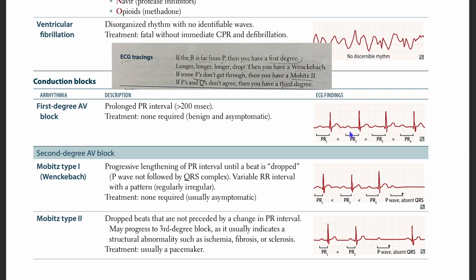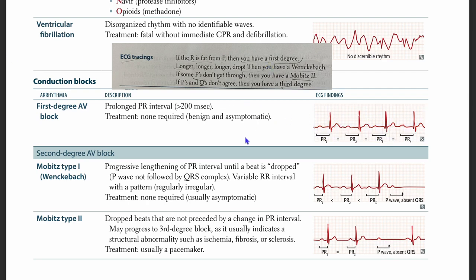So the start of P wave and R is long, but it's equal to each other. So prolonged PR more than 200 milliseconds. Treatment is none required. It's benign and asymptomatic. Okay. You have a little U wave over there, then P wave again. Okay.